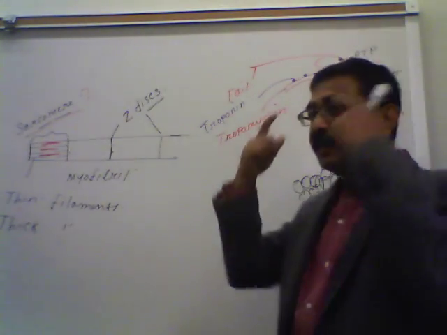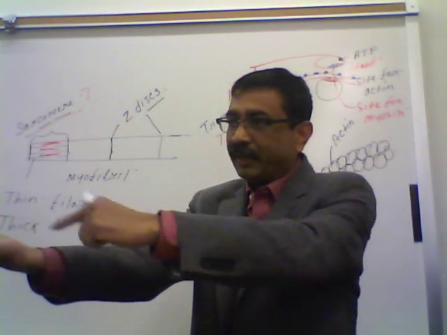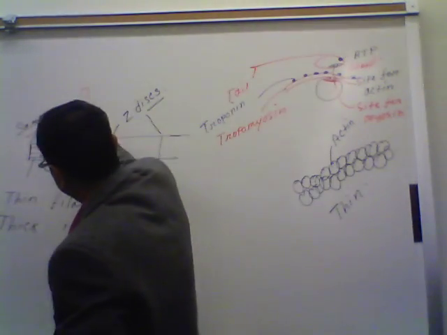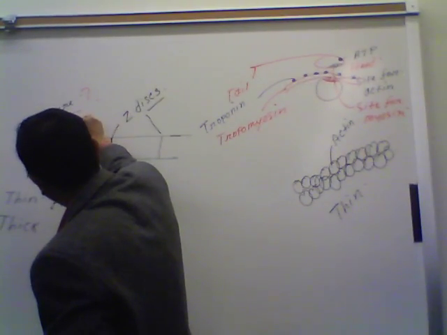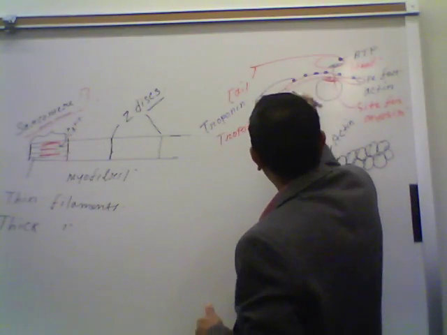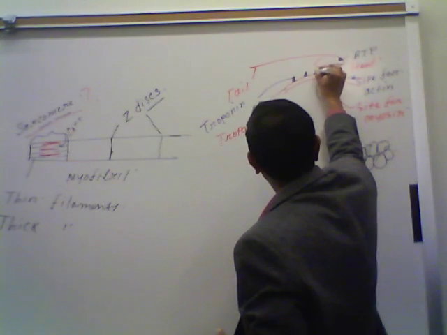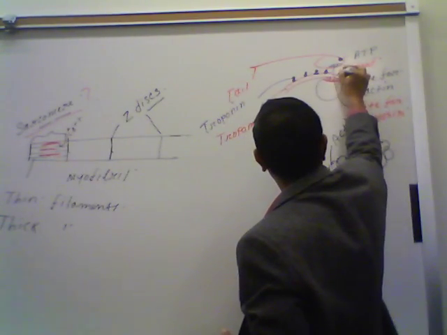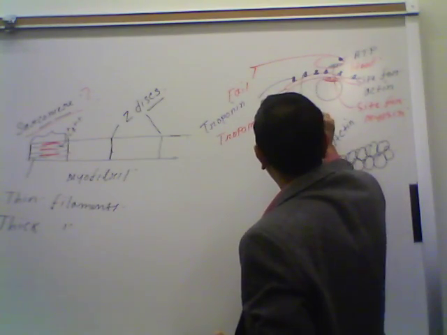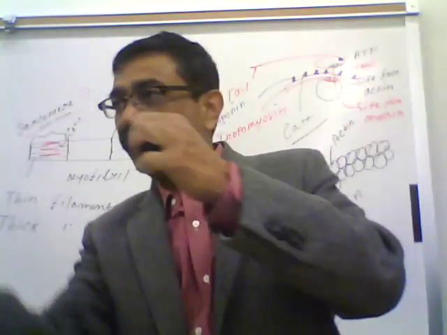So what happens when you decide that you will contract your muscle? The brain sends a signal, and that signal releases calcium. Calcium enters into the sarcomere, and the calcium binds with the troponins. All calcium molecules will get attached to troponin, and that will move the troponins to the side.